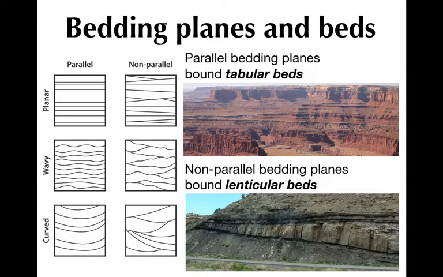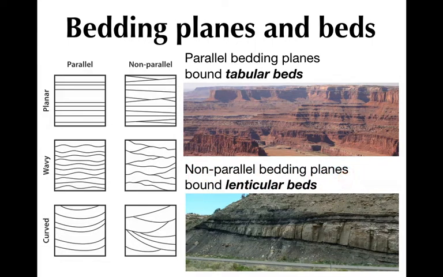So bedding planes can either be parallel or non-parallel, and they can have a variety of different types of character. Parallel bedding, bedding where each layer is parallel to the one above and below it, produces tabular beds, large sheet-shaped volumes of sediment that are all parallel to each other. So here's a good example of some tabular beds in Canyonlands National Park.